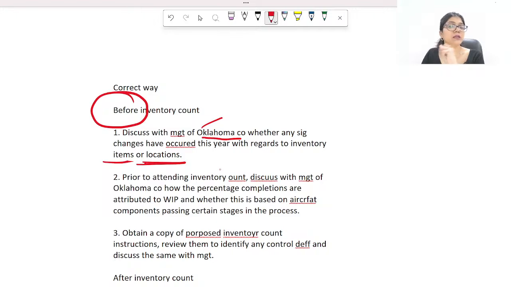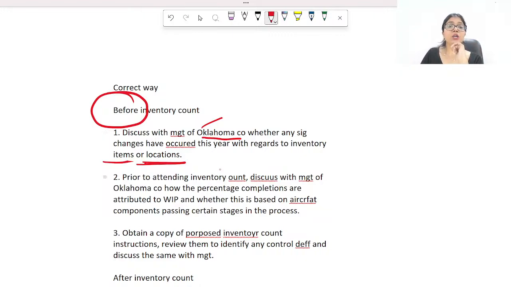So that is the reason I have used a little bit of that angle to check if previously there were any significant differences in terms of the items, whether the number of items in their inventory increased, or whether there were any changes in locations, any warehouse change. In this case we will be able to identify any significant differences, right? This is the first one.